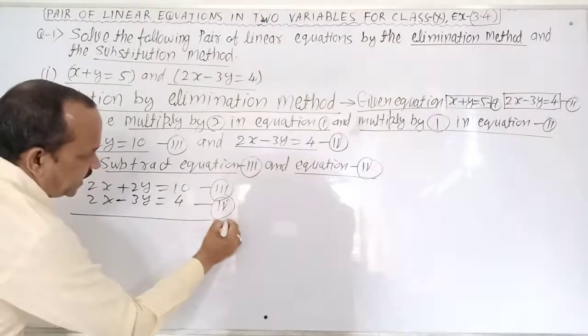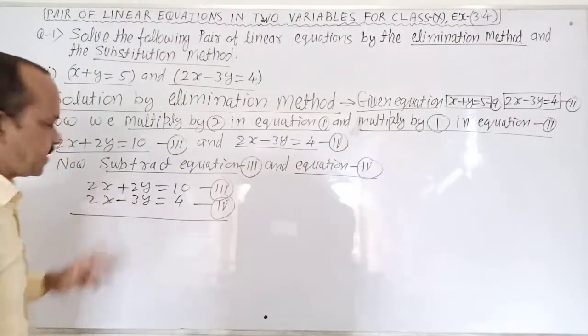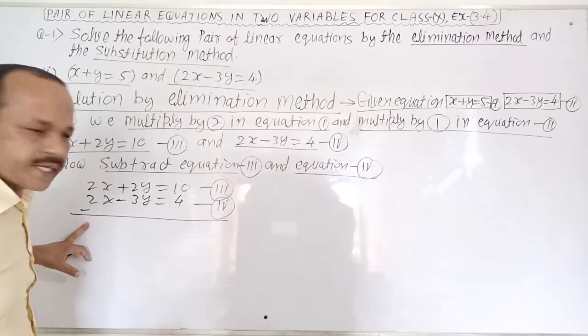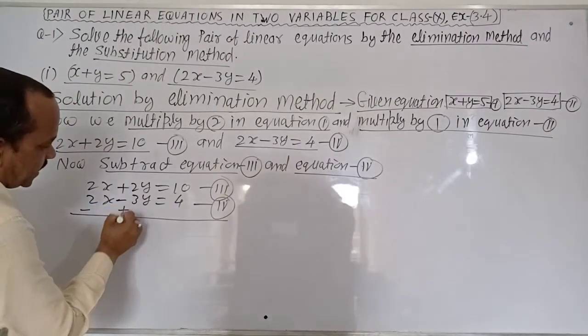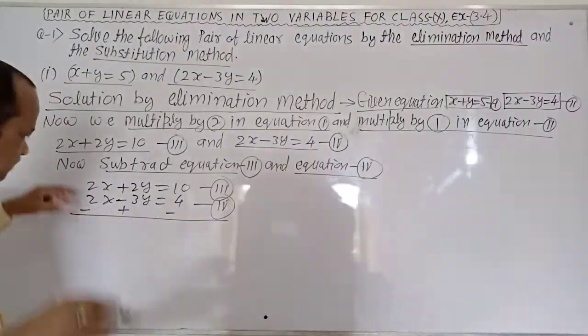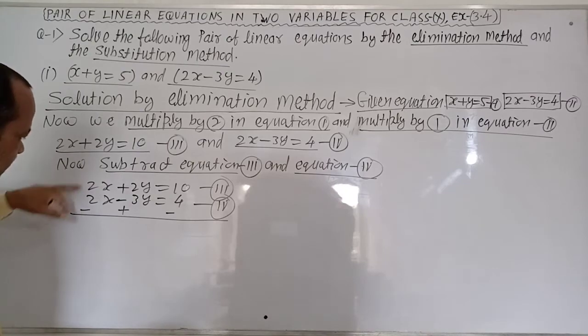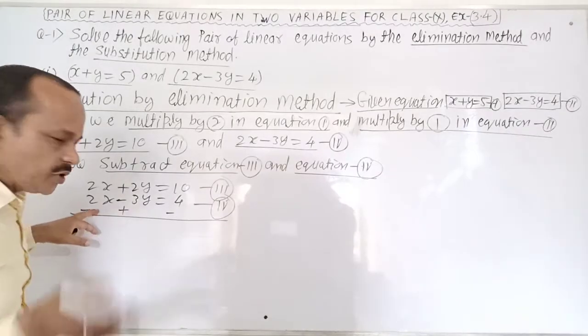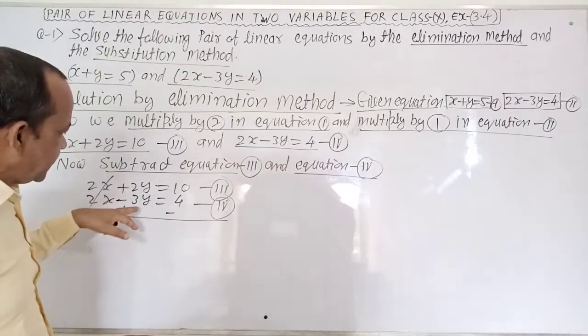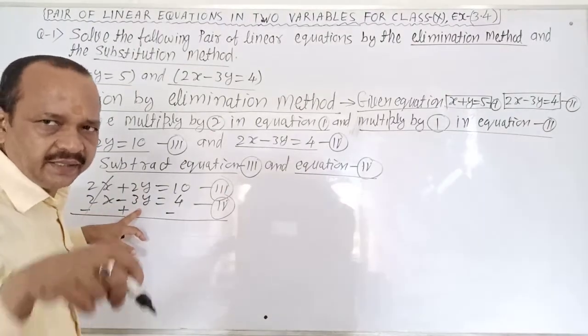You draw a line and change its sign. Here plus, so you write minus. Here minus, so you write plus. Here plus, so you write minus. Here plus 2x and here minus 2x, so you can cancel it. Here plus 2y and here plus 3y, so you can add it.